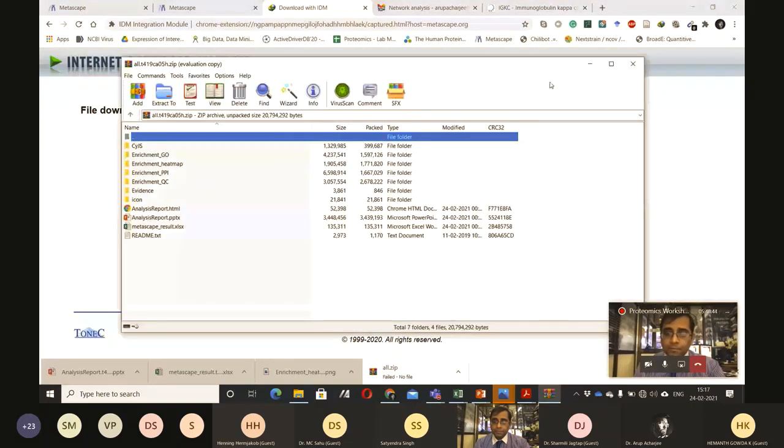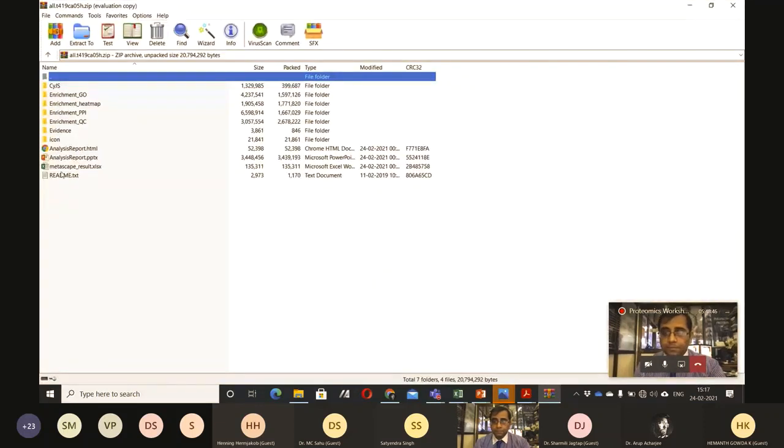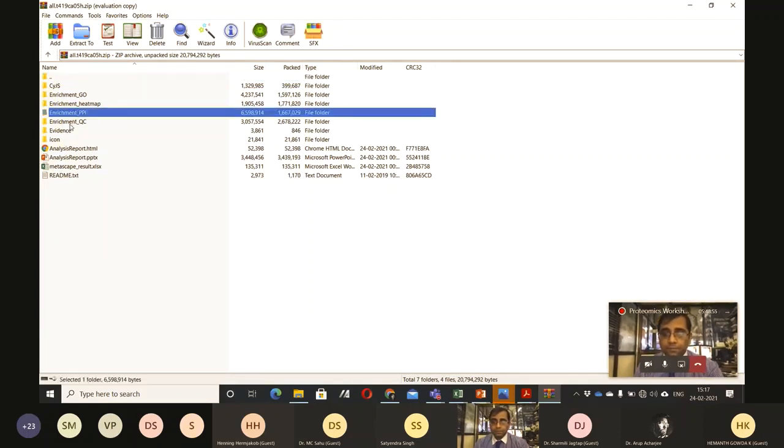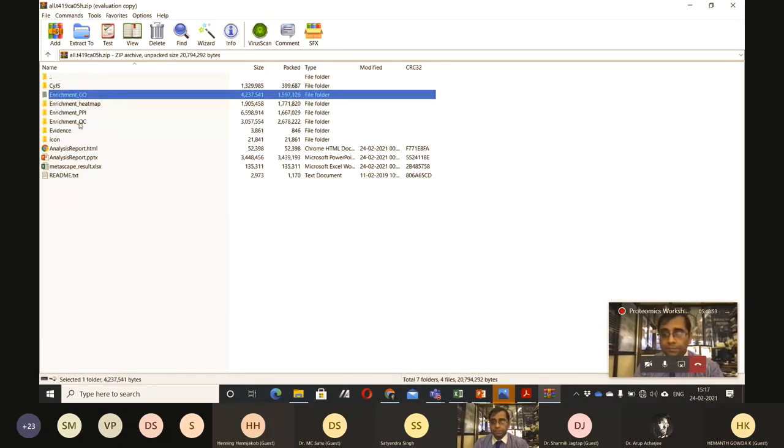In this, you will have the same Metascape result that we found in Excel, the analysis report in PowerPoint file, and then all these individual enrichment analyses, the QC enrichment, the protein-protein interaction enrichment, the gene ontology enrichment, in separate folders.